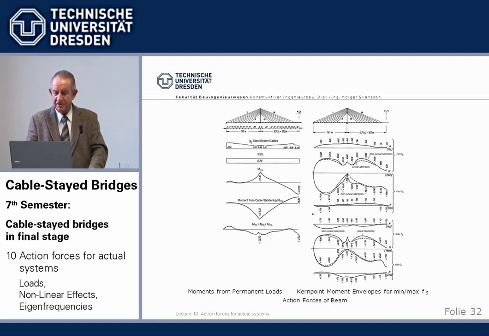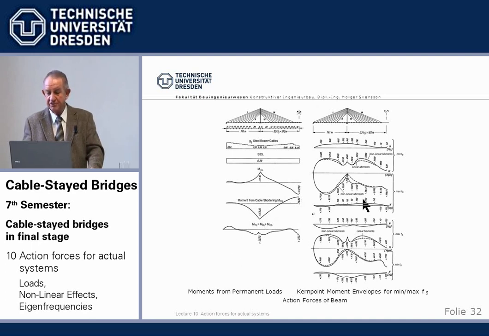Okay, if we superimpose the permanent loads, here we see the dead load on the elastic system. There's a tower support. Here we see the shortenings, and okay, it's a steel bridge. That is the permanent load situation.